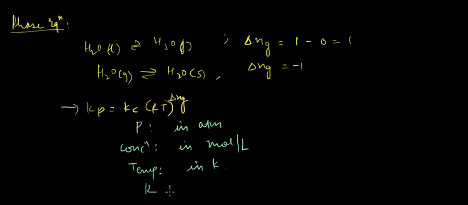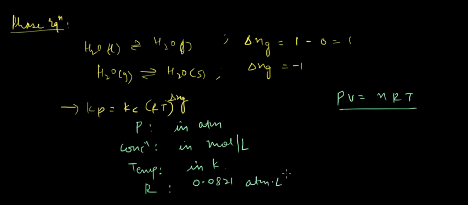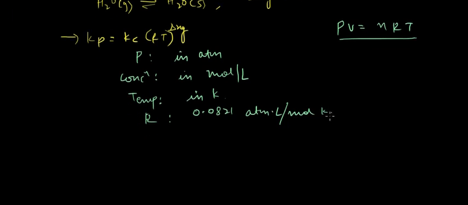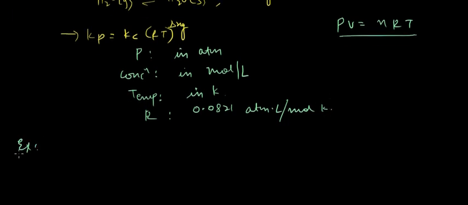And R, which we saw in the PV equals nRT equation as well, is the same R, so it is nothing but 0.0821 atm liter over mole Kelvin. Okay, let's see some examples.